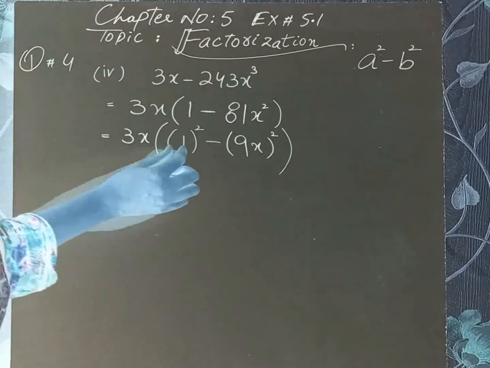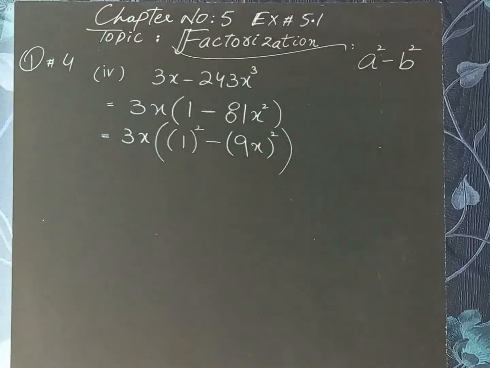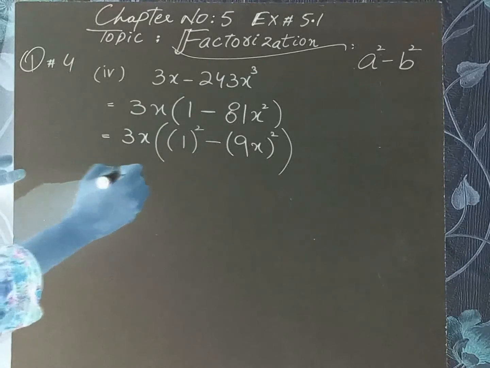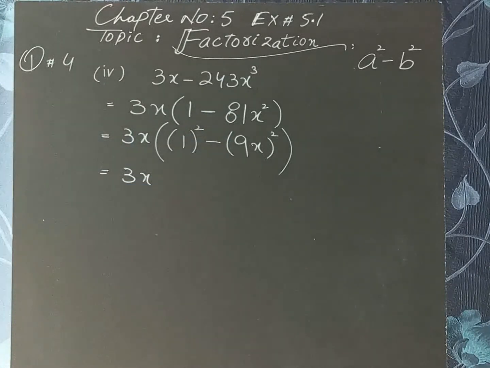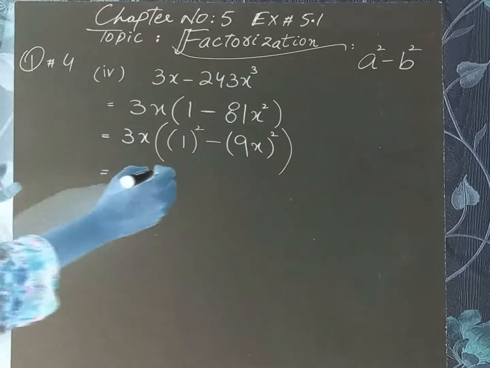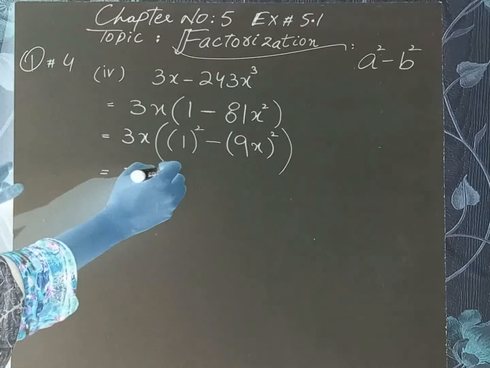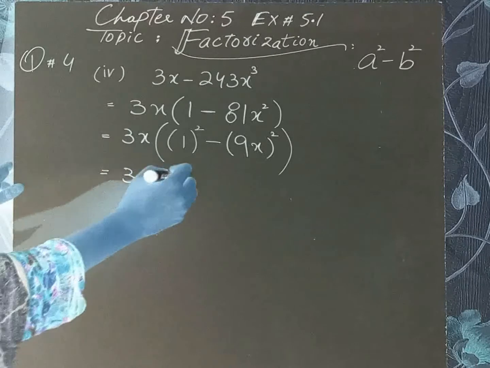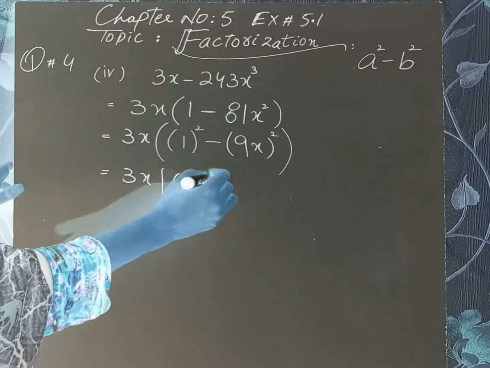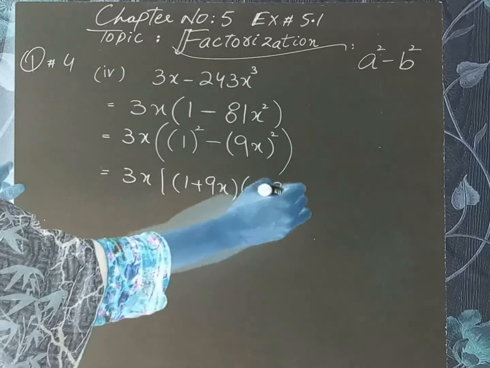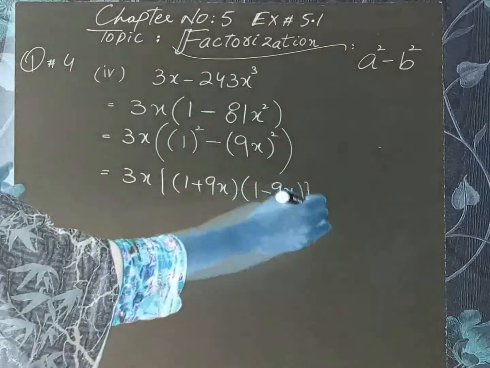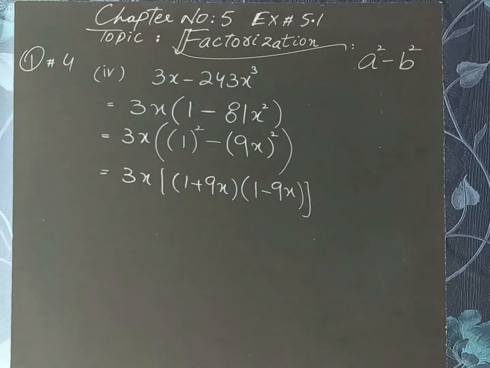This is again a squared minus b squared, that is all the time equal to a plus b into a minus b. This equals 3x. You can put any bracket here, small or large. So here I will write this as (1 plus 9x) and (1 minus 9x).